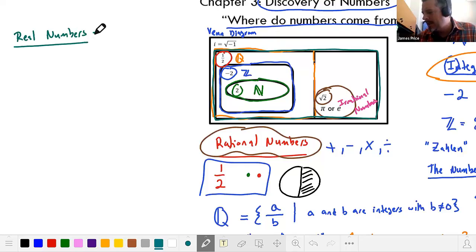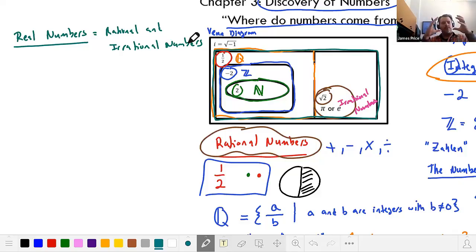The real numbers are the rational and irrational numbers combined. So when you smush those two types of numbers together, you get what are called the real numbers. And we use the letter R for this with the double bar there.